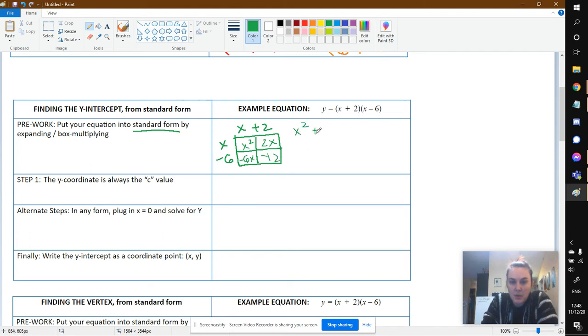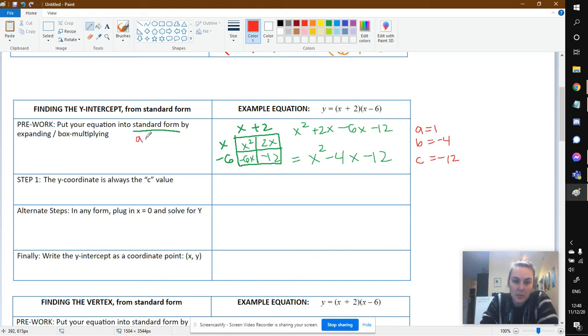That gives us x squared plus 2x minus 6x minus 12. And if we simplify that, we get x squared minus 4x minus 12, where our a is 1, our b is negative 4, and our c is negative 12.